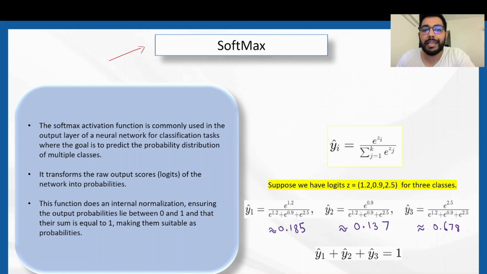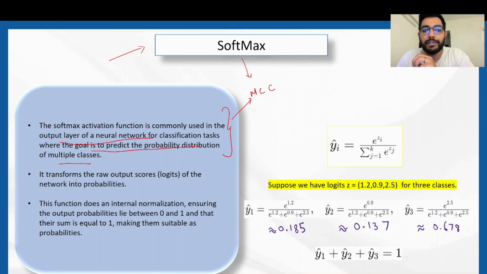Softmax activation function is commonly used in the output layers of the neural network, where the goal is to predict the probability distributions of multiple classes. That is, if the task at hand is multi-class classification, softmax is the most prominent activation function that has to be used for it.